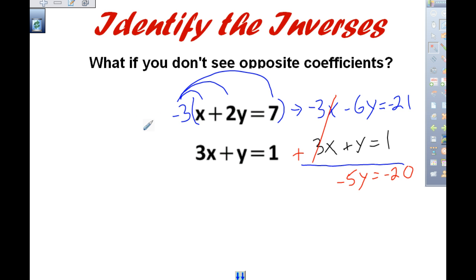So the only thing new today is picking the number to set it up so that one variable, and of course sometimes both variables with infinite and no solutions, cancel out. Okay. But after this, it's entirely the same as the elimination method, entirely the same as the substitution method, the past 3 days.